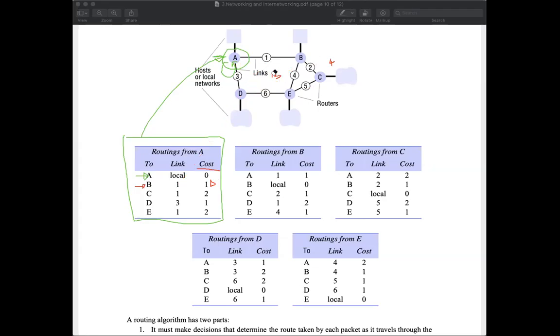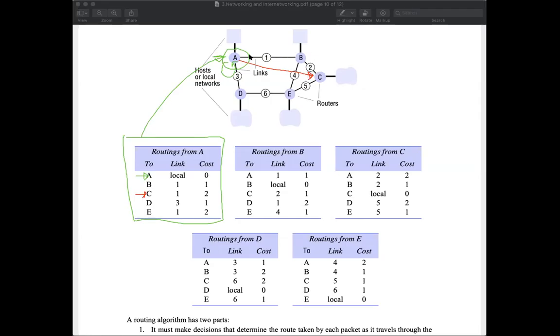So again, I'm looking at another router. Let's look at router C. When you're looking at router C, this is the router that we are looking at, right?